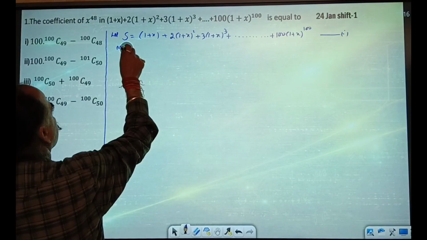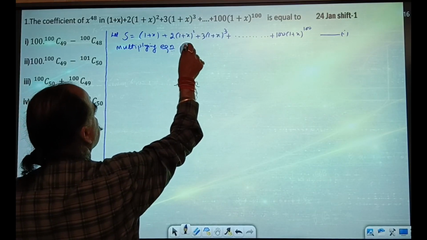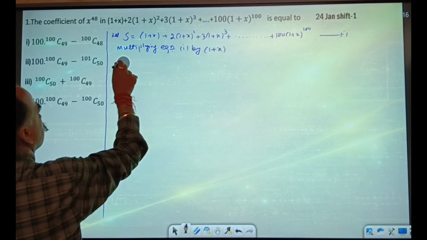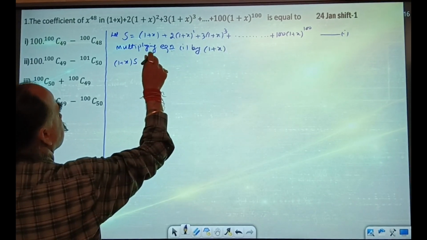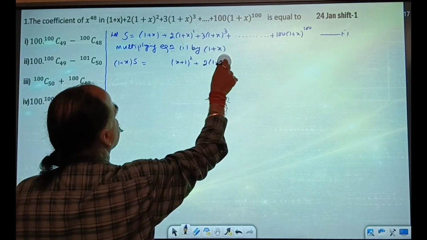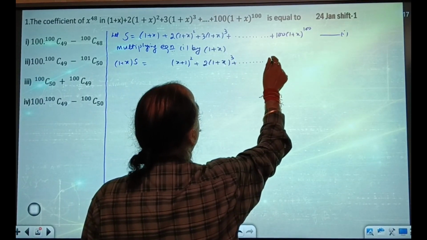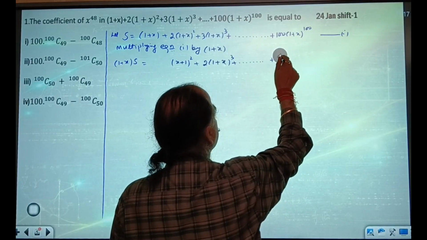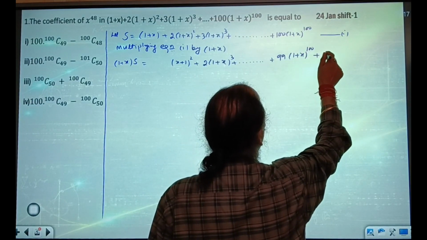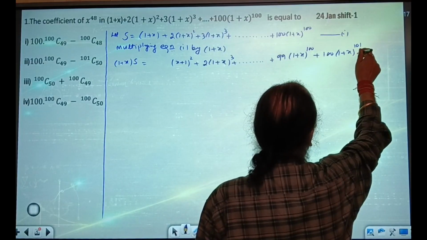Multiplying equation 1 by 1 plus x, we get 1 plus x into S equals 1 plus x square plus 2 into 1 plus x cube plus ... plus, before this 99 is there, so 99 into 1 plus x raised to 100 plus 100 into 1 plus x raised to 101. This is equation number 2.